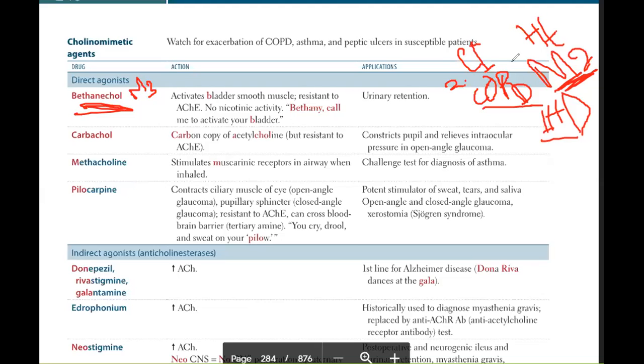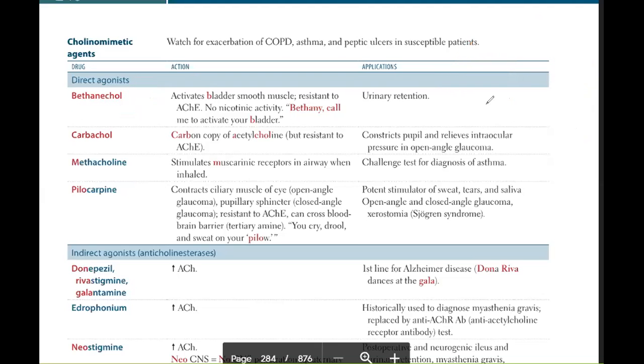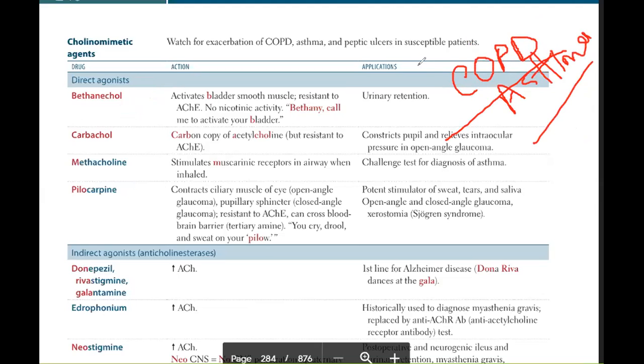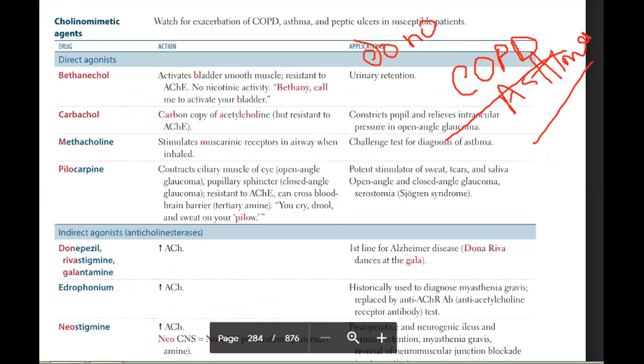But in COPD, you will not at all take a risk. You will not take a risk if the patient has COPD, and also asthma. You will not give this drug in patients with COPD and asthma. Do not give this drug. These are big contraindications.